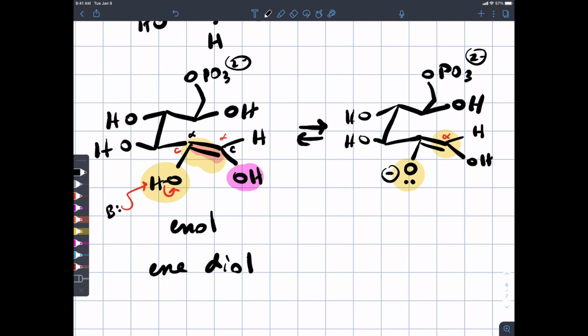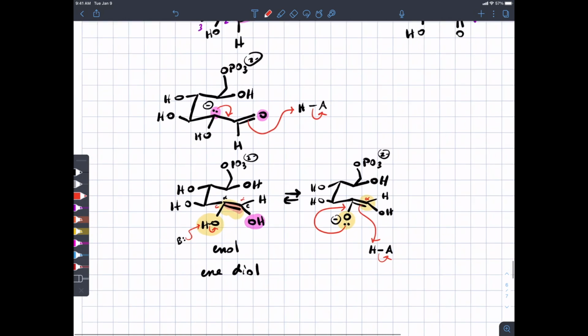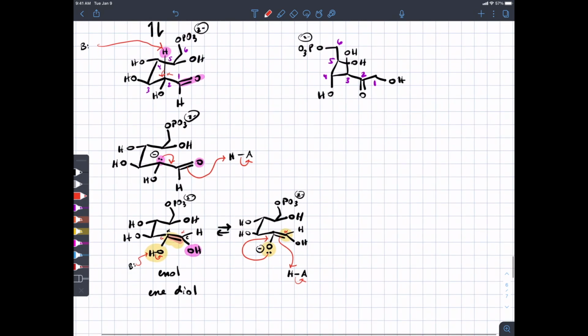And then I can have electrons kick down, pick up a proton from some other source on that alpha carbon, and that gets me to fructose. Okay, so it's really simple to take an alpha hydroxyaldehyde and convert it into an alpha hydroxy ketone. You just need 2 tautomerization steps.